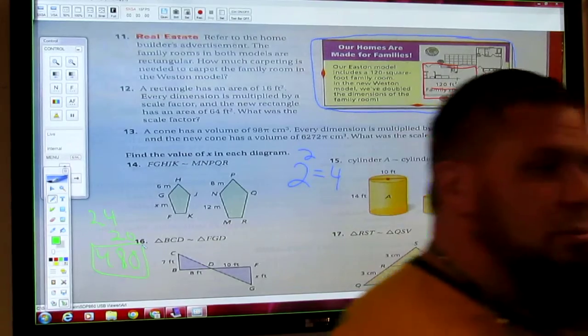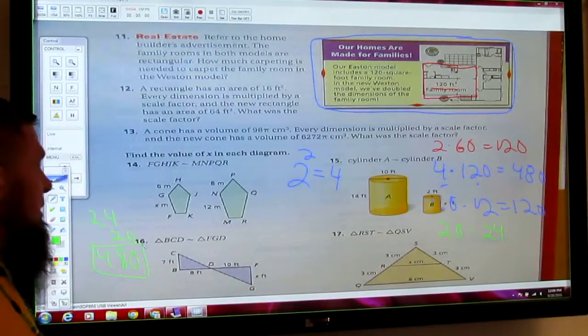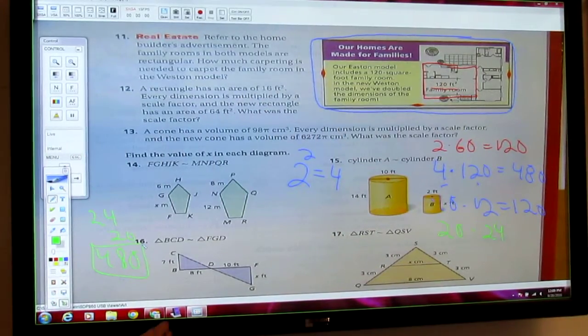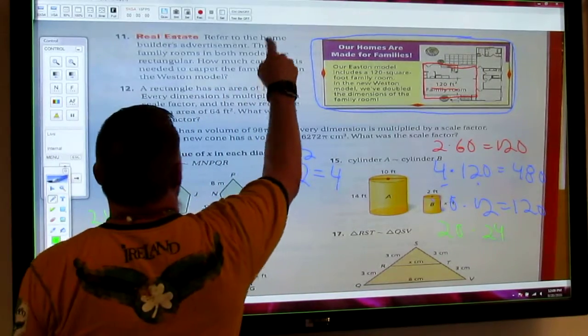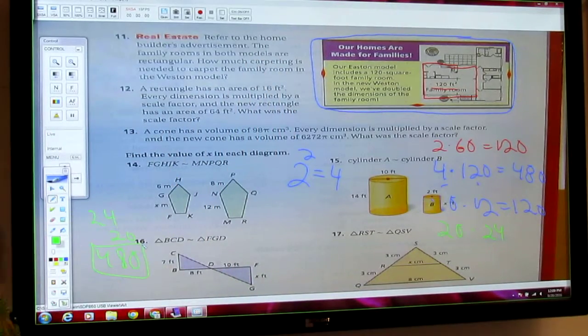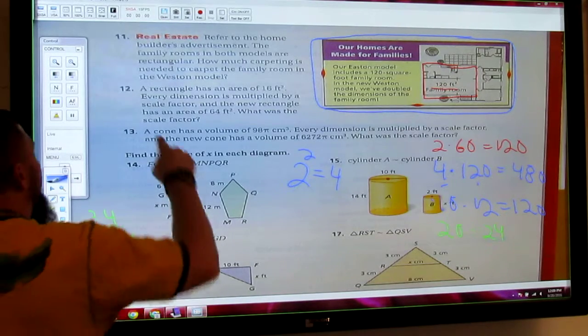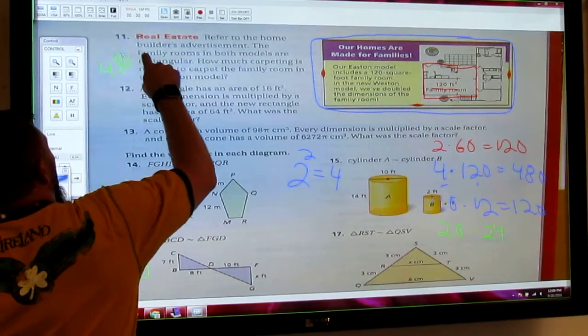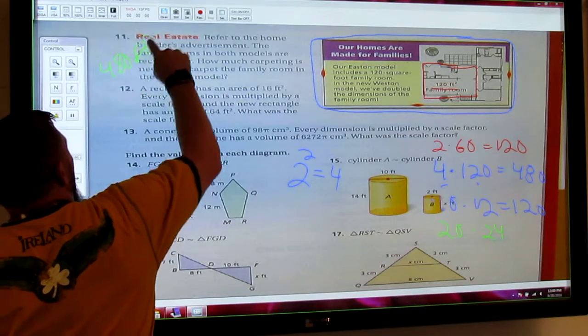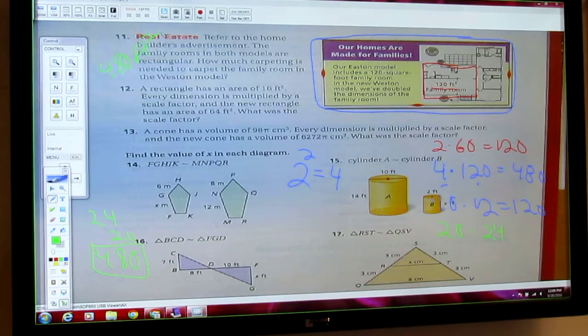Okay? So, does that make sense? So what's happening here is we're going to be quadrupling the flooring. You have 4 times as much. You're going to have 480 square feet of flooring. Okay?